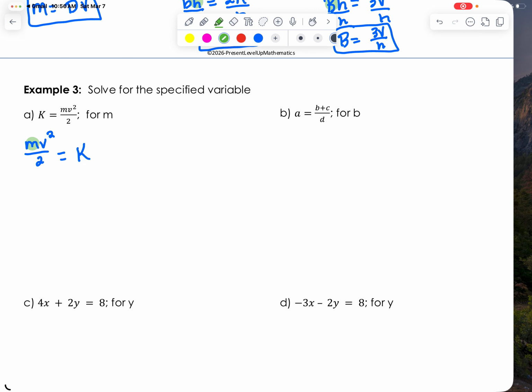But remember, we always get rid of fractions first. So I'll multiply the left side by 2, and I'll multiply the right side by 2. This 2 cancels with this 2, leaving me mv squared equals 2k. Then I want to highlight what I'm trying to isolate. I'm trying to get the m by itself, so I want to divide both sides by v squared.